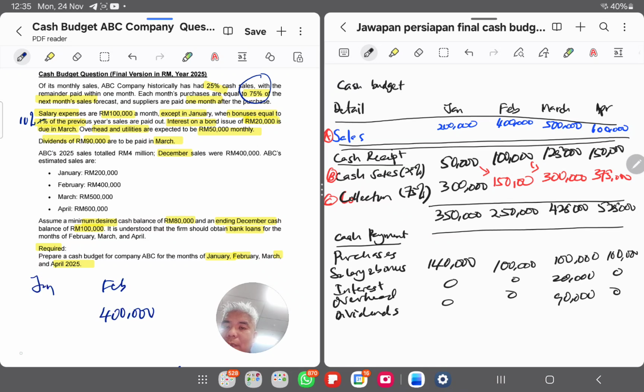Each month's purchases are equal to 75% of the next month's sales forecast, so 75% times 400,000 is 300,000.